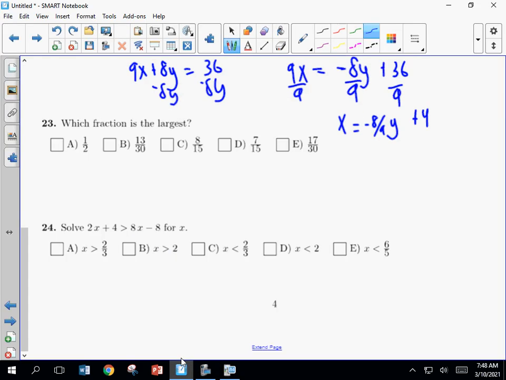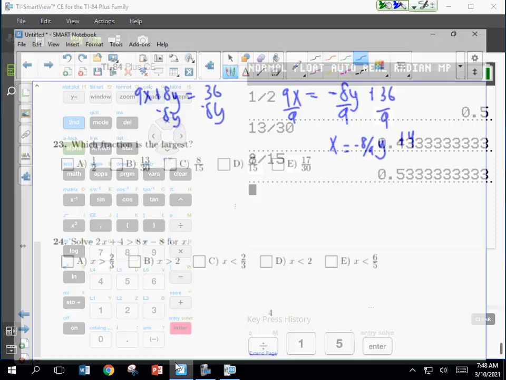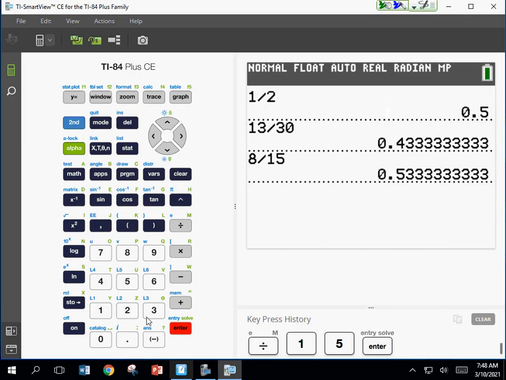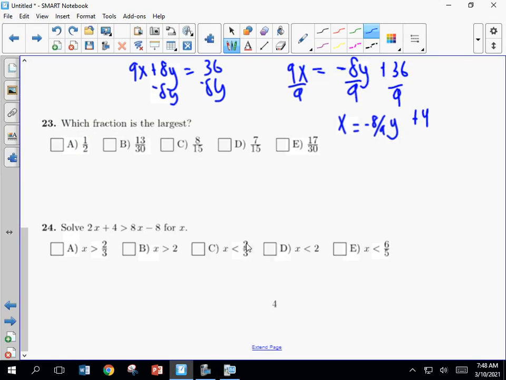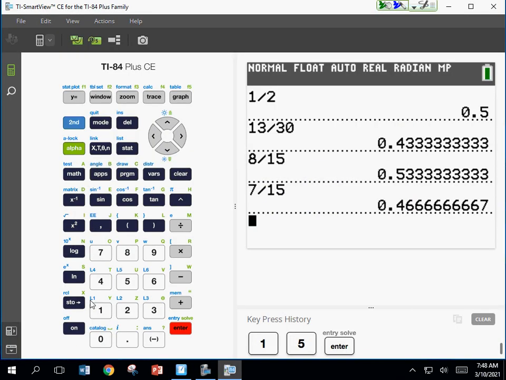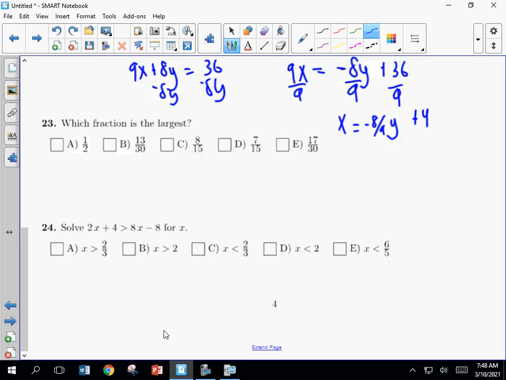Okay, so 1/2 is bigger. 8 divided by 15. So far, 8 divided by 15 is the biggest. 7 divided by 15 is smaller. You kind of knew that because 8 over 15 was bigger. So 17 over 30. So 17 over 30 is your biggest fraction.